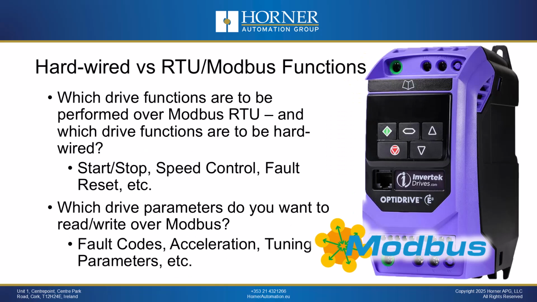The next thing you will want to do when you integrate a drive with a PLC or Horner OCS is decide how you want to break up the functionality we mentioned earlier. Whether you want to do everything over Modbus or choose to use Modbus for some parameters and hardwire others. You will need to consult your drive documentation to see what control the drive manufacturer gives you over what is hardwired and what is Modbus controlled, as this will vary by manufacturer.